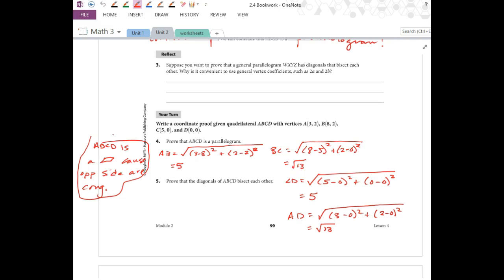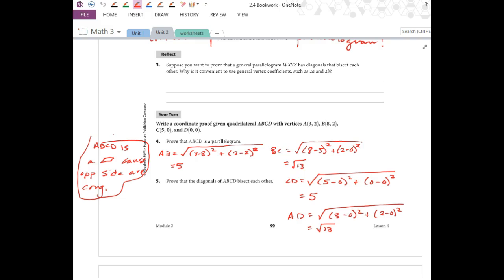What do we know about diagonals of a parallelogram? That they bisect through the middle. Good word. So what do you think we're going to find? The midpoints. Nice. Okay, so we're finding midpoints of the diagonals.